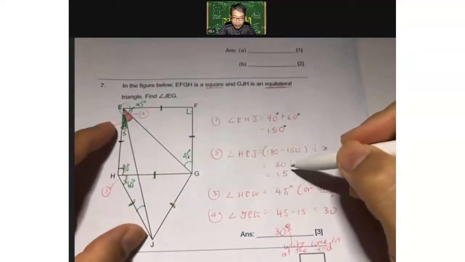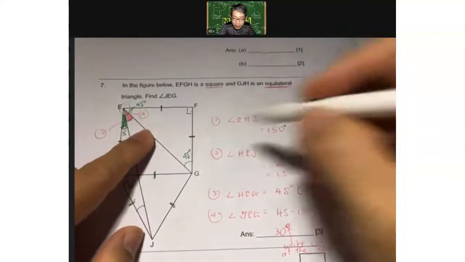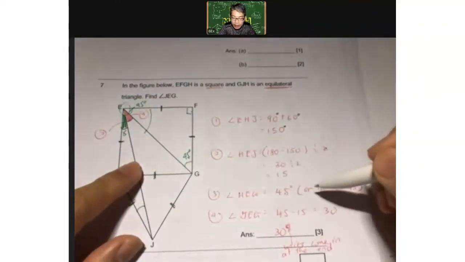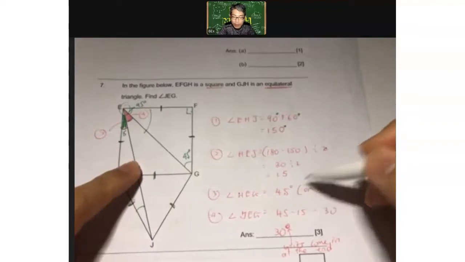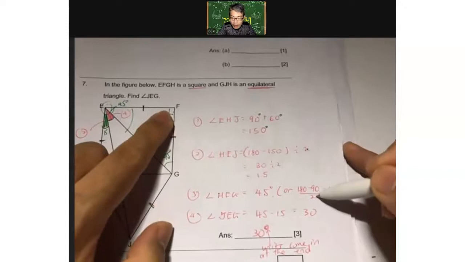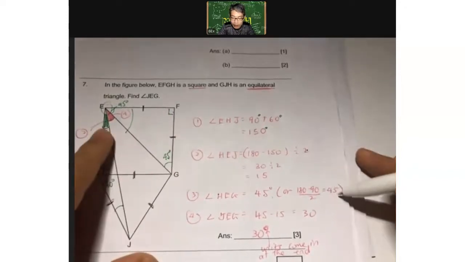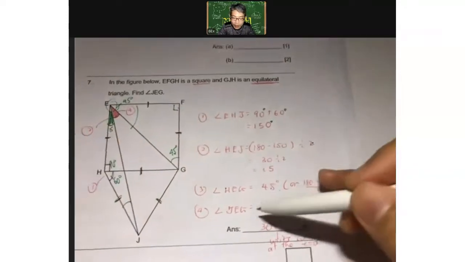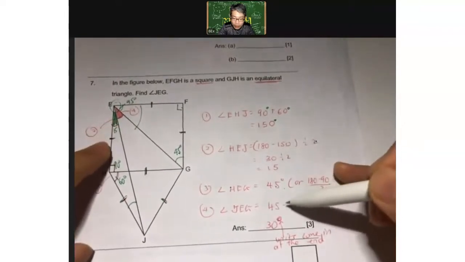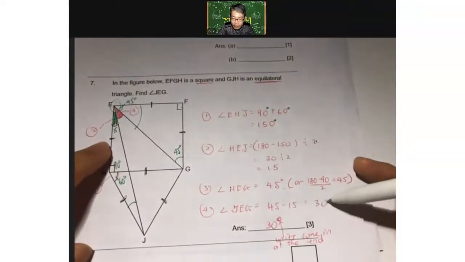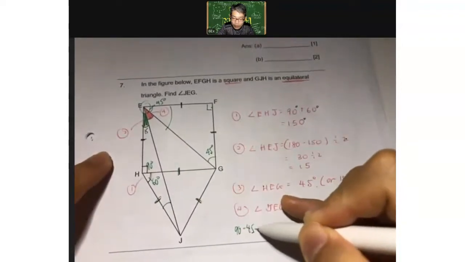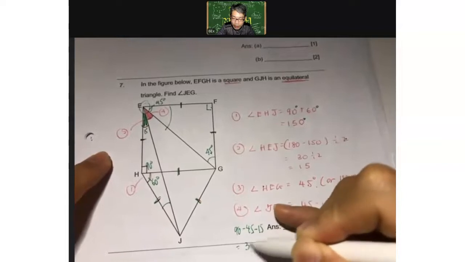Next step, I'll go on to look for this angle. And this angle, as I told you, that's my step 3. Very easy to find, which is just 45 degrees. Or 180 minus 90, then divided by 2, because this is isosceles, I get 45. Then now this final step, very simple. I can either use 45 minus 15 to get 30, or I can use 90 minus 45 minus 15, I'll still get 30.